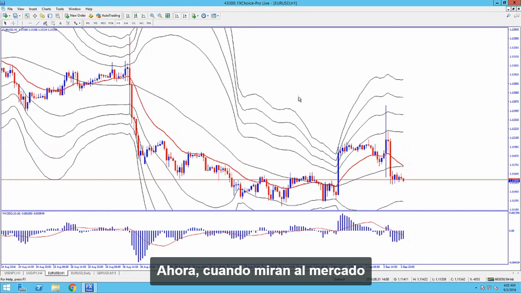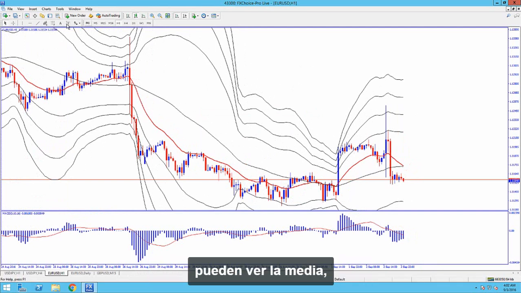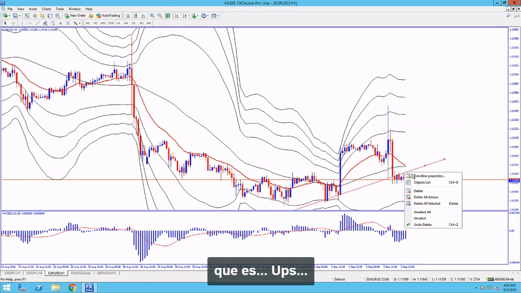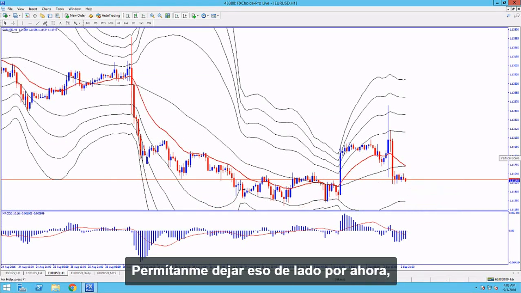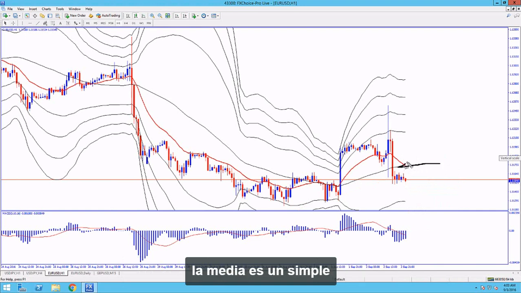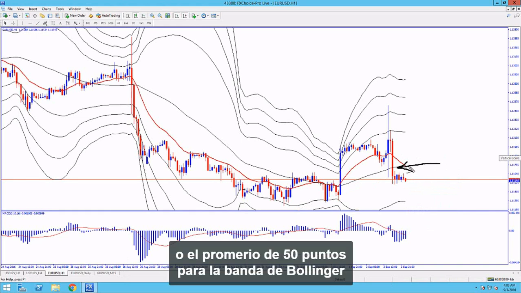Now when you look at the market, you can see the mean, which is 50. The mean is a 50 period simple moving average, or the 50 period average for the Bollinger Band.